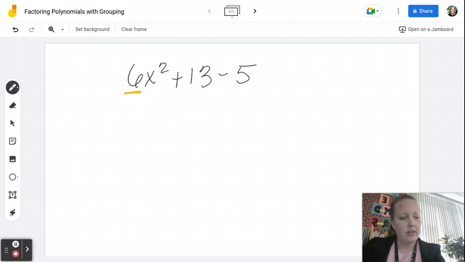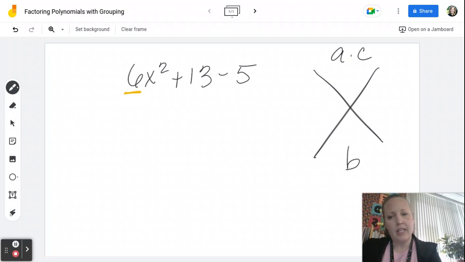So this method of grouping is going to begin using A times C and B. So the A value is here, ax squared plus bx. Sorry, that should be an x plus c.